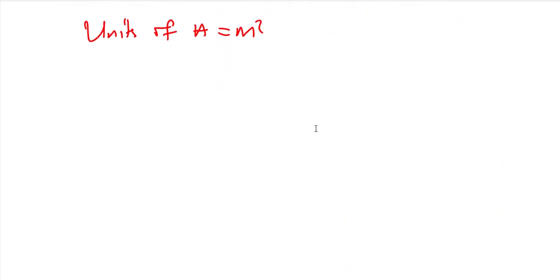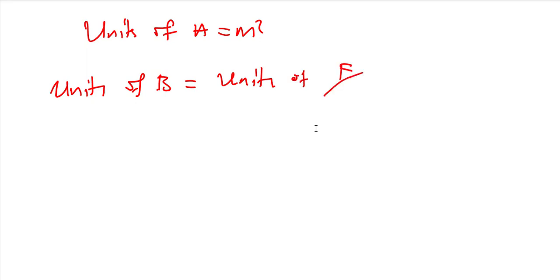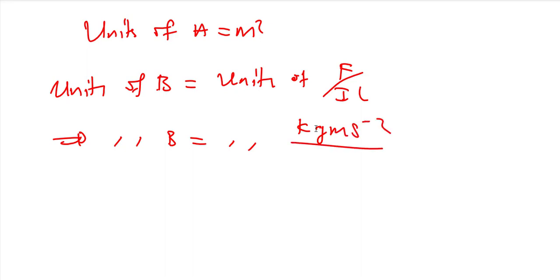For the units of B, we can use that it's equal to the unit of the force per unit current length. So the units of B will be equal to the unit of F, kilogram meter per second squared, divided by ampere times meter, and this simplifies to kilogram per second squared per ampere.